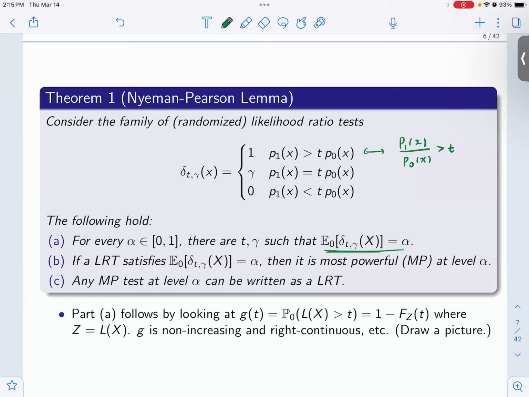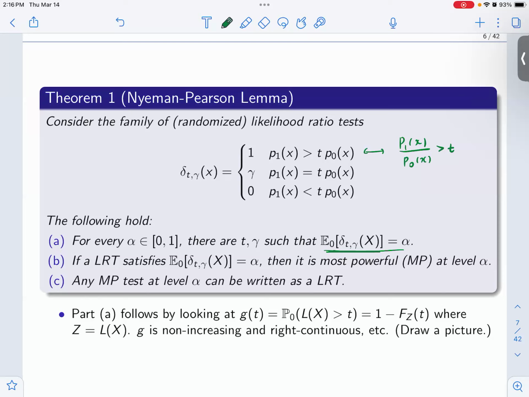And once the family achieves this alpha level, then by part B, it's going to be the most powerful test. So a likelihood ratio test that achieves level alpha is the most powerful test at level alpha. And any most powerful test at level alpha can be written as a likelihood ratio test. That's part C, which we ignore. But basically, there's nothing else, so all the possible solutions are of this form.